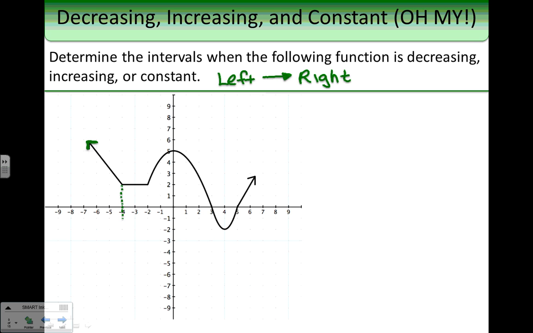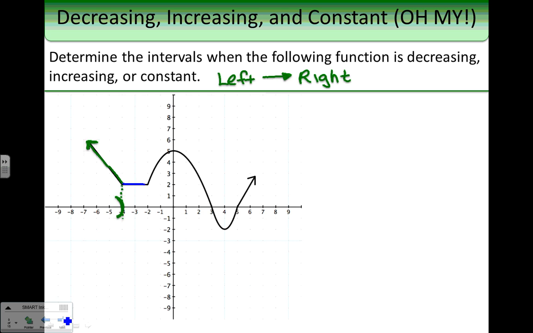So it starts from negative infinity, all the way up to -4. Then I'm going to be decreasing. Moving on from left to right, this part right here, let's do this color coding. So this was decreasing.